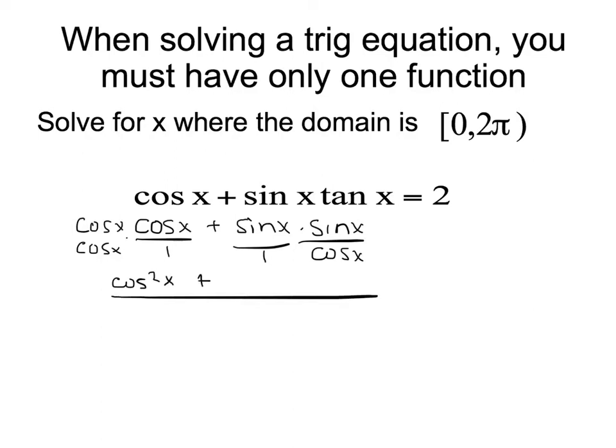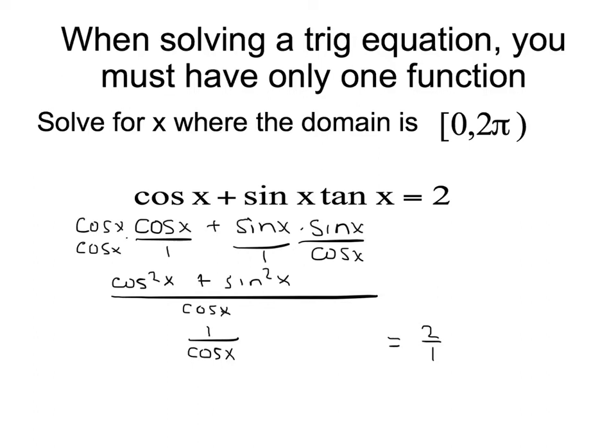I already have sine squared, and then my common denominator was cosine. Sine squared plus cosine squared is a very nice 1. And 1 over cosine, I'm going to hang on to that. Okay, so 1 over cosine equals 2 over 1.